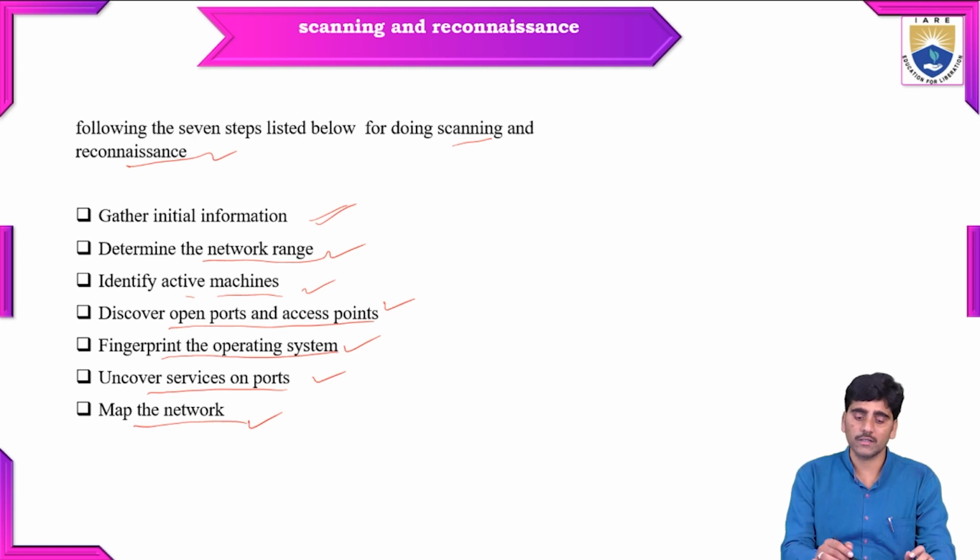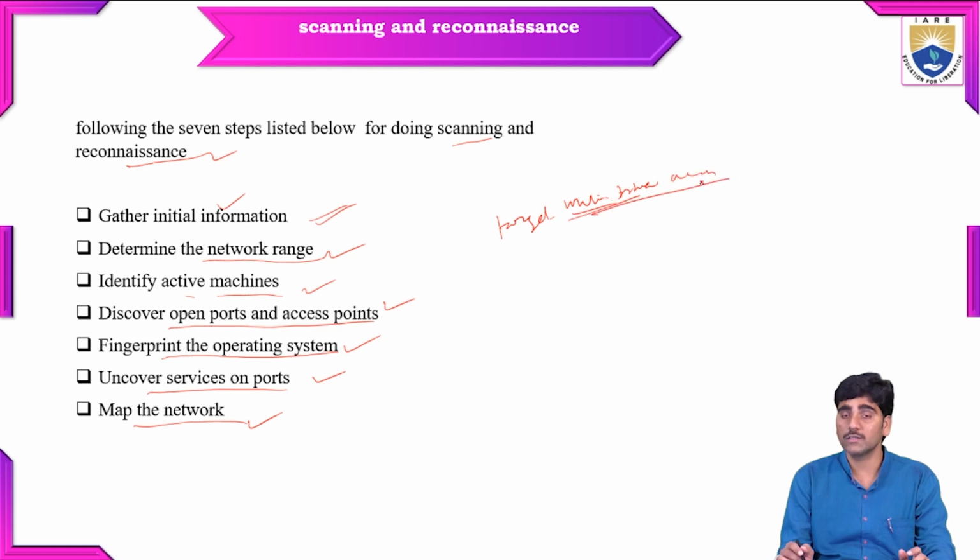First, gather initial information, like basic information you need to gather. Normally the target of the system is any URL or any IP address. www.jntu.ac.in is one target, or 192.168.0.1 is another target. Next, determine the network range, identify active machines, discover open ports and access points, fingerprint the operating system, uncover services on ports, and map the network.